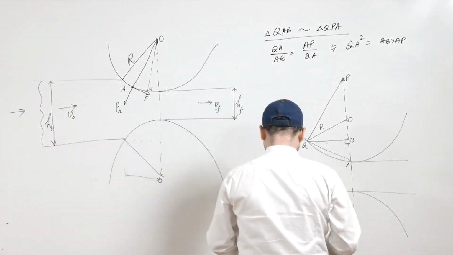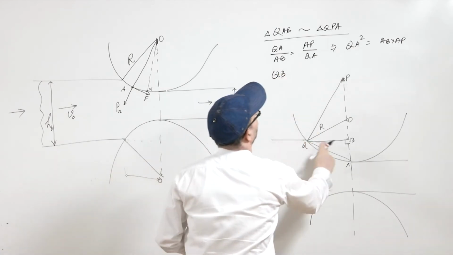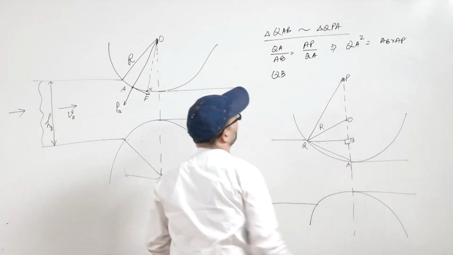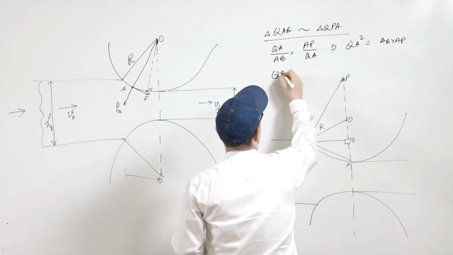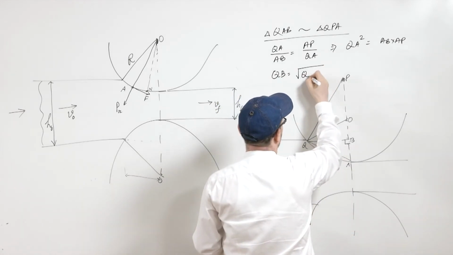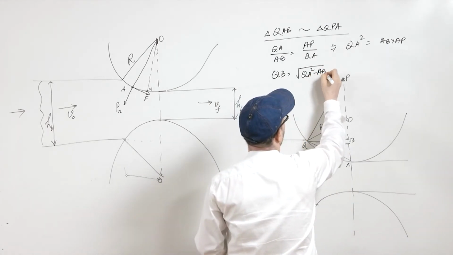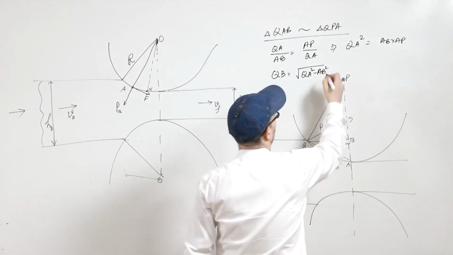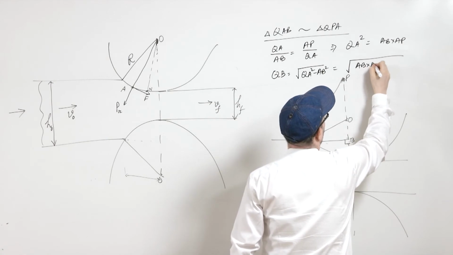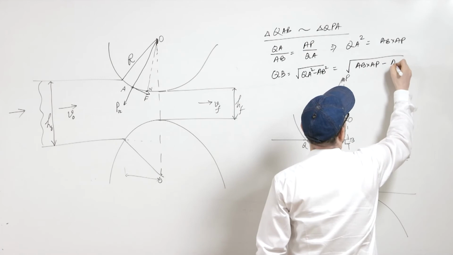Now you can find QB. QB will be equal to the square root of QA square minus AB square. QA square you can write as AB into AP, and then minus AB square.